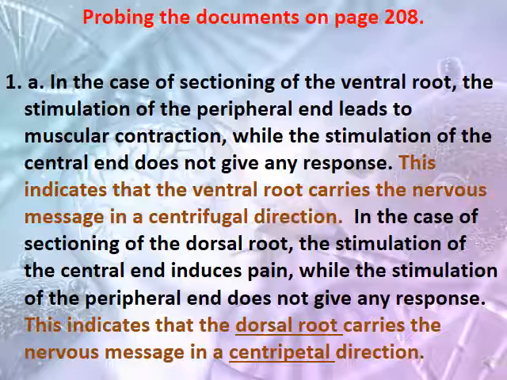In the case of sectioning of the dorsal root, stimulation of the central end induces pain, while stimulation of the periphery doesn't give any response. This means that the dorsal root carries the nervous message in a centripetal direction. So in the dorsal, centripetal; in the ventral, centrifugal. You have to study these: ventral, centrifugal; dorsal, centripetal.